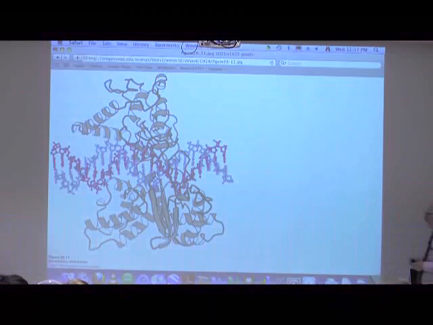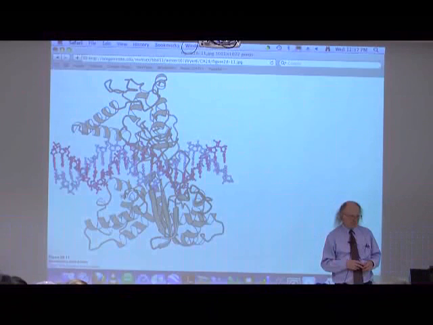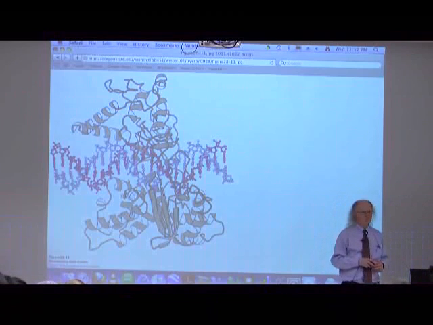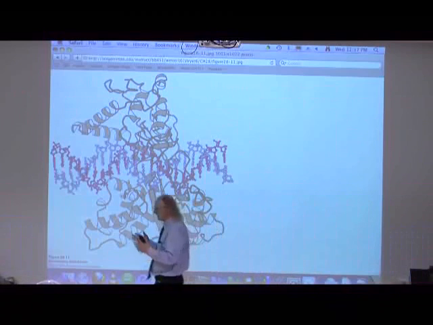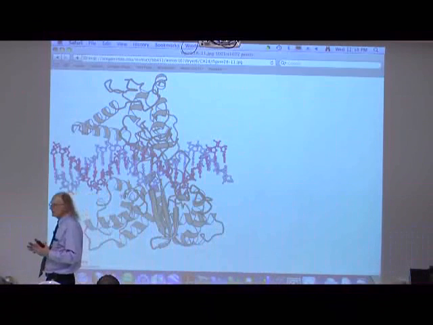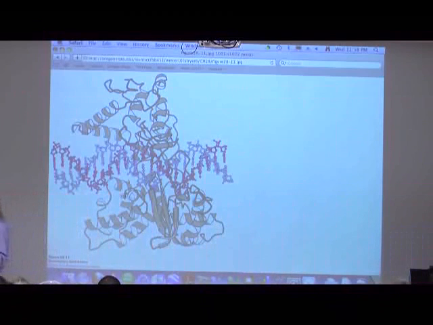The type 2 topoisomerases work by cleaving both strands of a DNA. I'll explain how they work in a second, but that's the primary difference. A type 1 topoisomerase clips one of the strands, lets it do its thing, and then puts it back together. A type 2 topoisomerase clips both strands and then puts both strands back together.